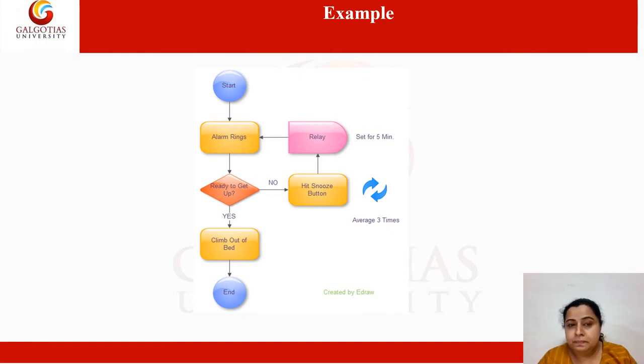Now it's a snooze button, so again it will set for 5 more minutes. Again the alarm rings. So we have an average of 3 times, right? This is another example of creating a flowchart.